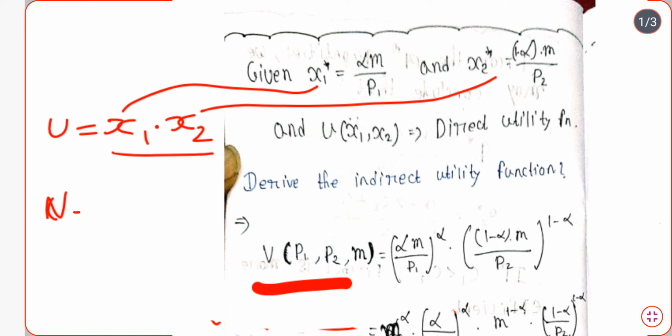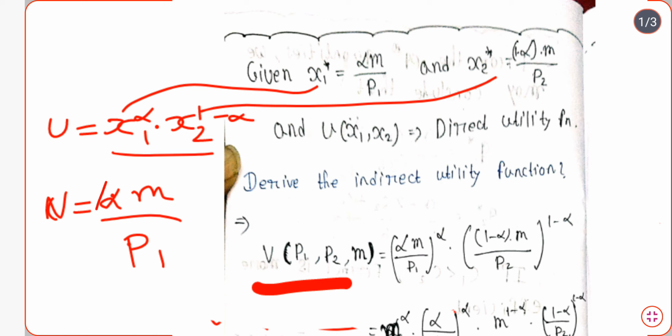Suppose we are writing it as v. Now v is the notation for the indirect utility function. So it will now become alpha m by p1 to the power alpha. Well, I think the direct utility function is given as x1 to the power alpha and x2 to the power 1 minus alpha.